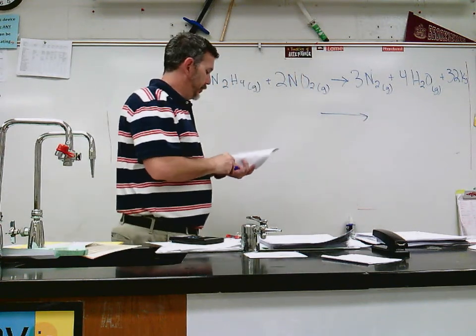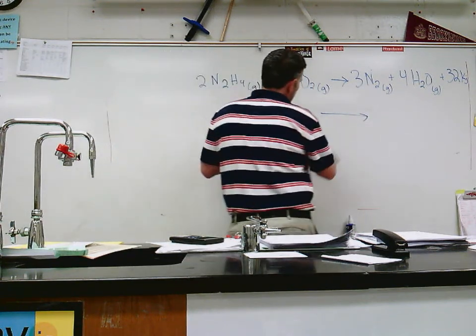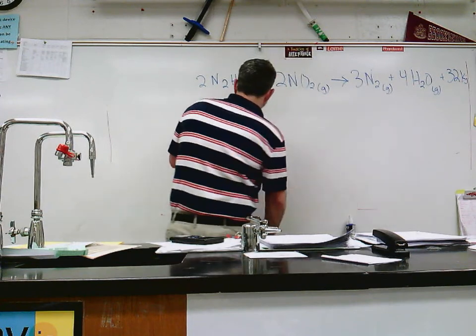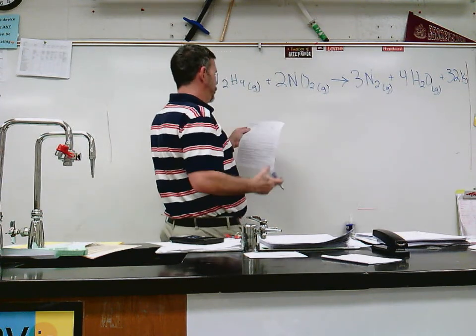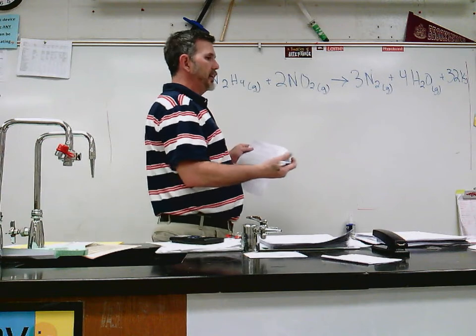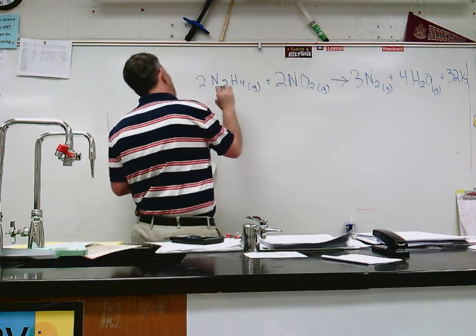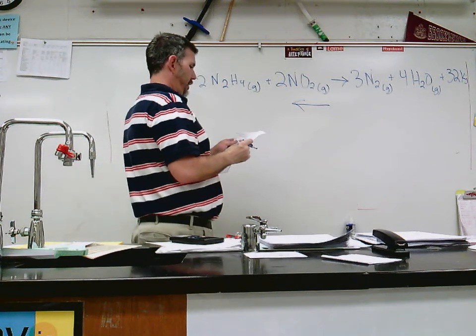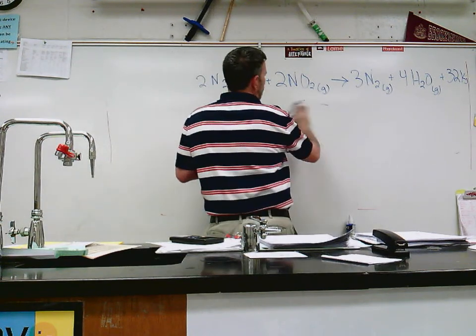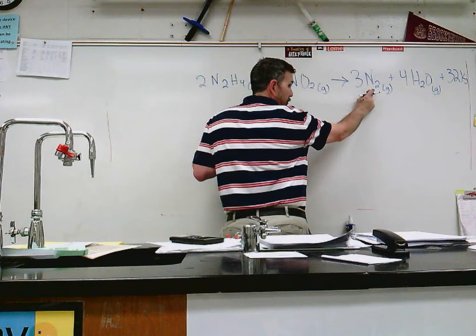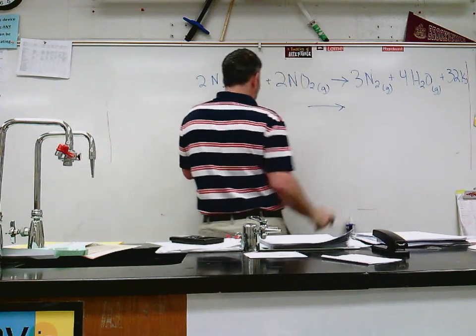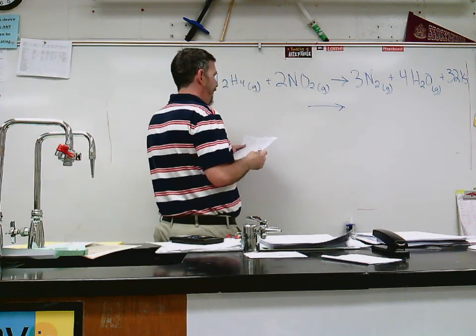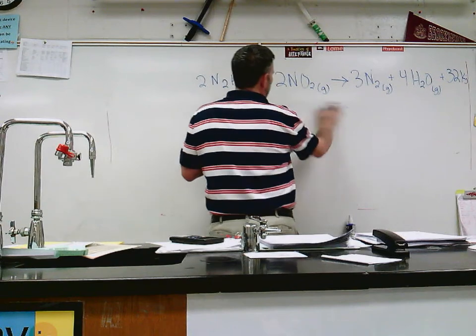Don't feel too bad if you didn't catch all that. Removing N2H4. If I remove something, it runs to that side. So I'm removing this, so it runs to the left. If I remove nitrogen, that's nitrogen, it moves to the right. By adding NO2, it's going to run away from that.